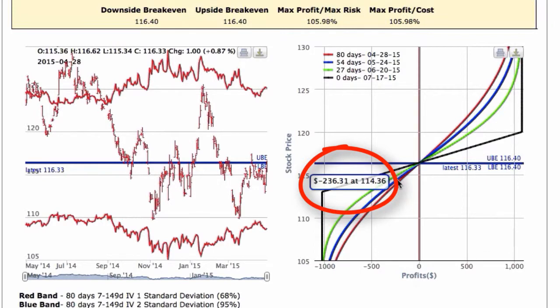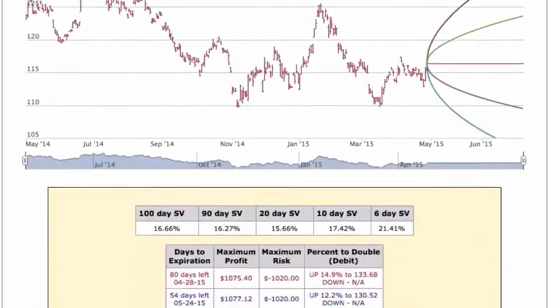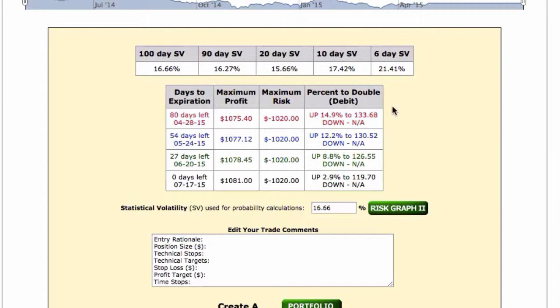That's how much we would potentially lose if we were to wait for GLD to trade below 115 towards the end of May. Now, the only issue that I have with this particular position is that the stock needs to move up over 12% if it's to move quickly up towards that 130 level.